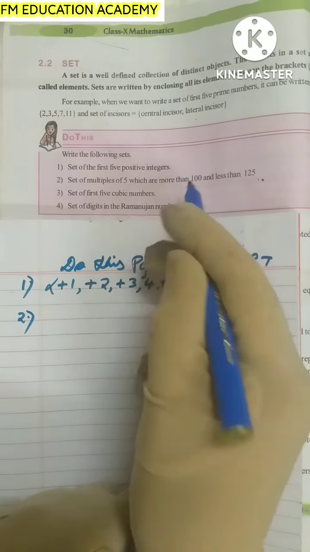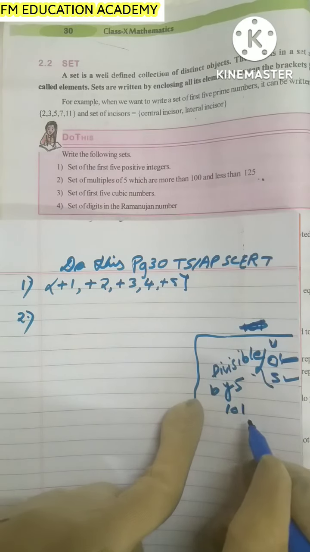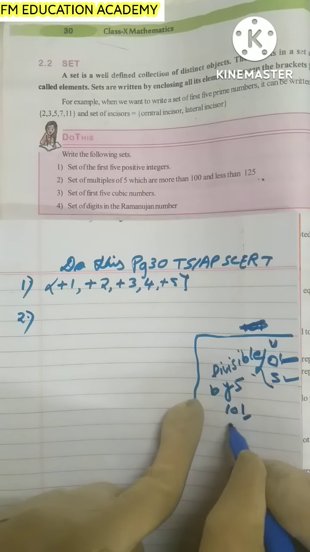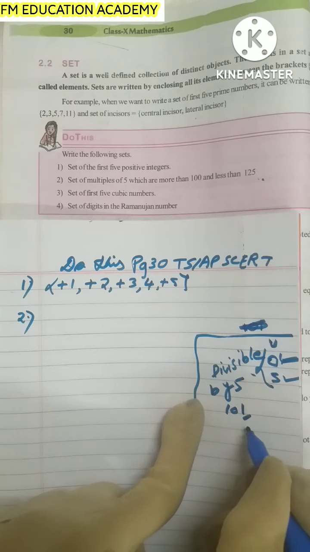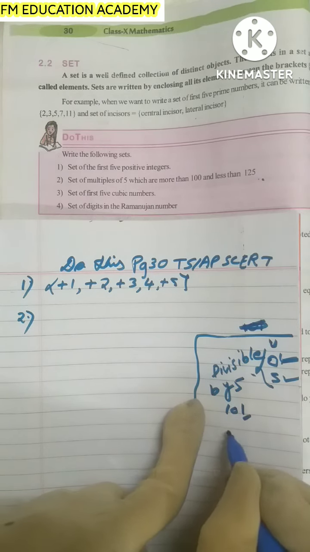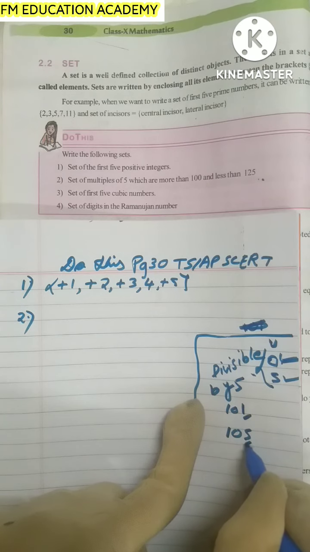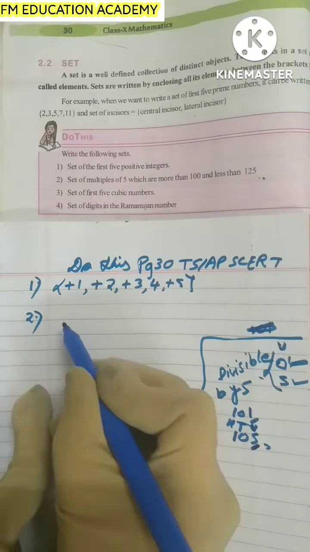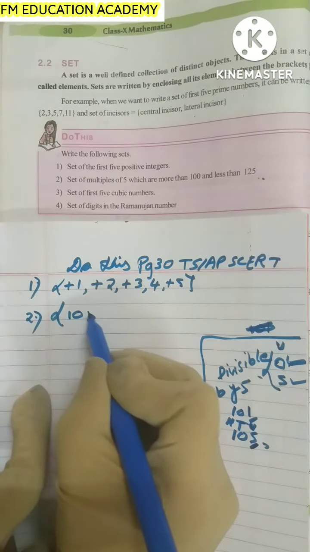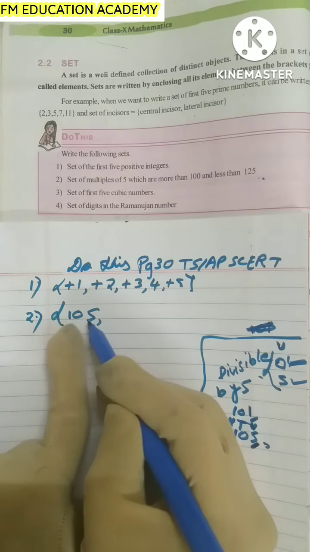So after 100, 101 will not have 0 or 5 in the units place. Similarly, 102, 103 and 104 will not have 5 or 0 as units place. But 105 has the number 5 at its units place. This is known as units place, tens place and hundreds place. So the first number we have is 105 because it is more than 100 and a multiple of 5.